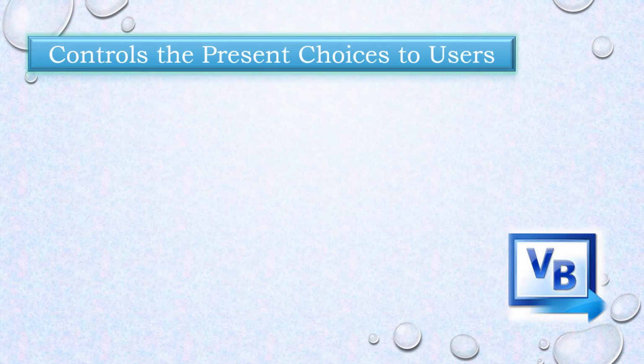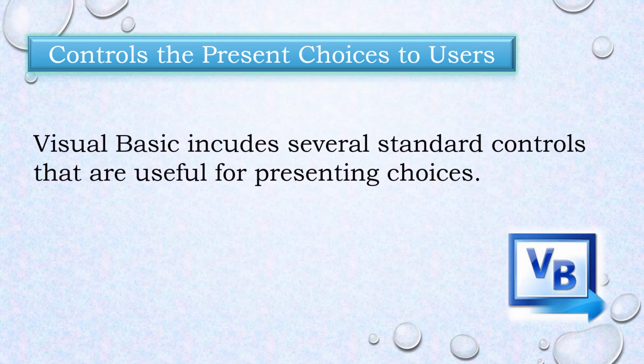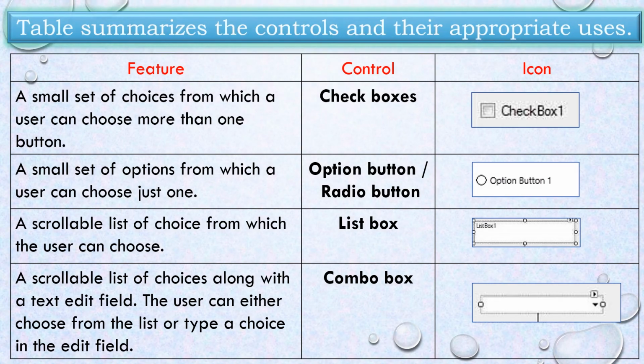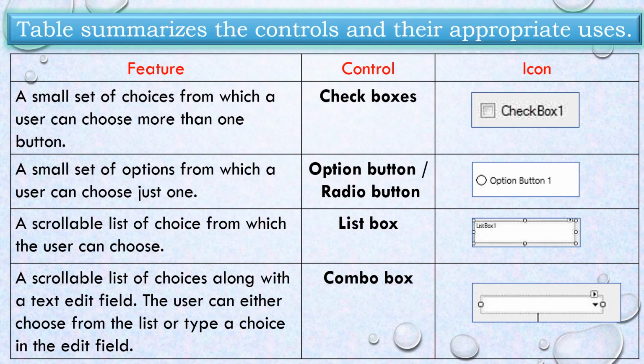Controls that present choices to users. Visual Basic includes several standard controls that are useful for presenting choices. Here you can see a table which summarizes the controls and their appropriate uses.